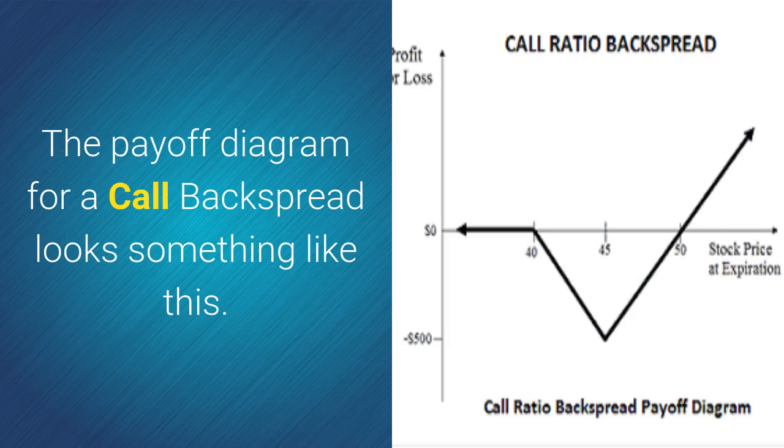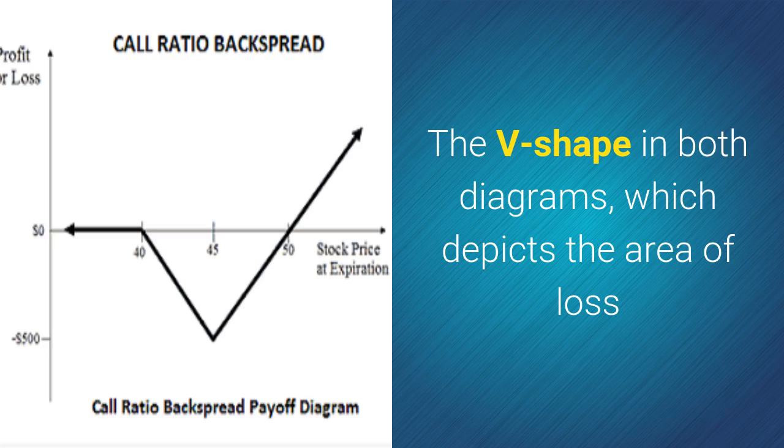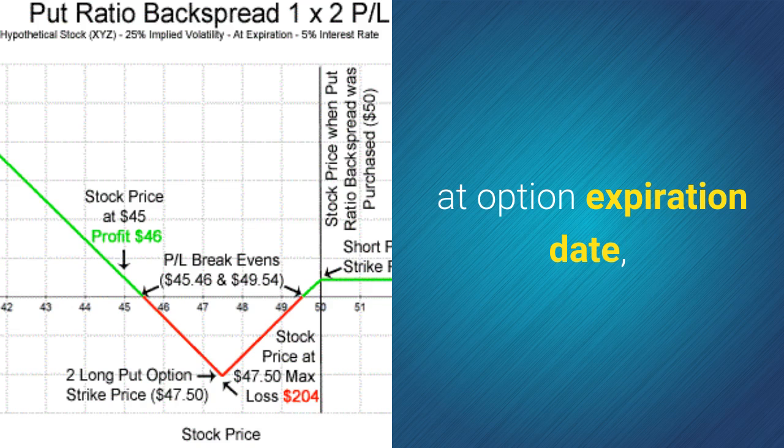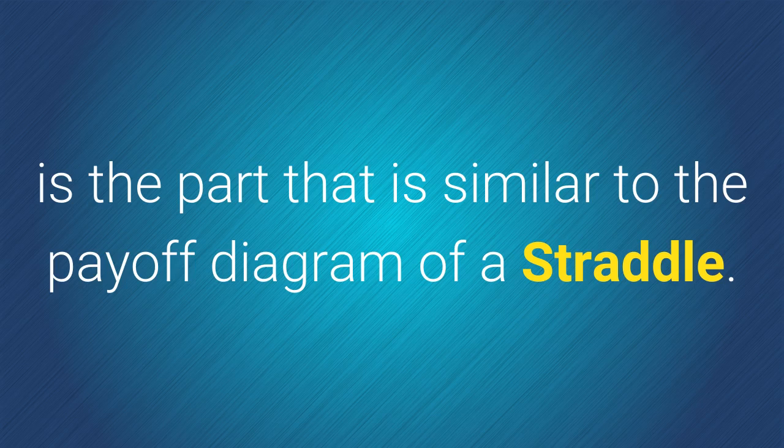The payoff diagram for a call backspread looks something like this. You'll notice how it's the opposite to the put backspread payoff diagram. The V shape in both diagrams, which depicts the area of loss at option expiration date if the price of the underlying doesn't move much, is the part that is similar to the payoff diagram of a straddle.